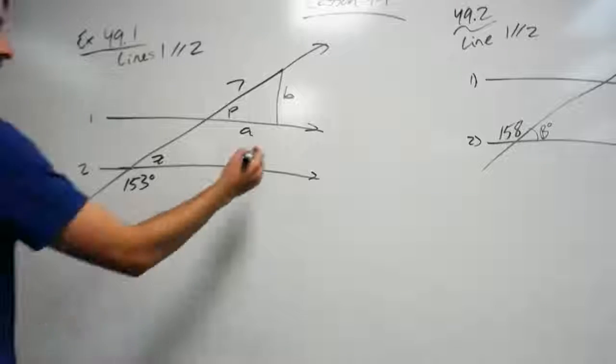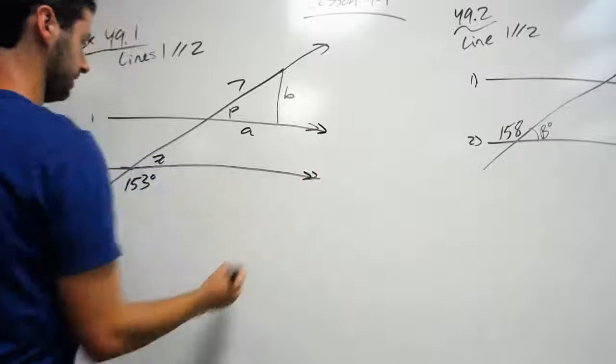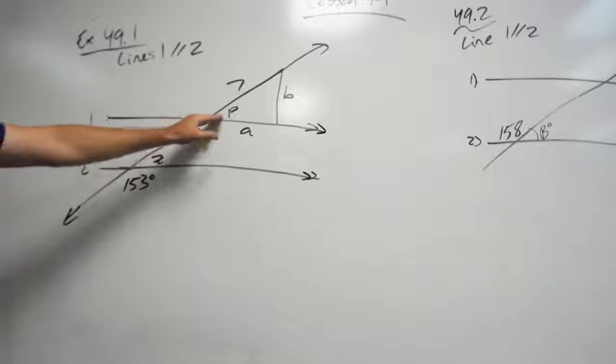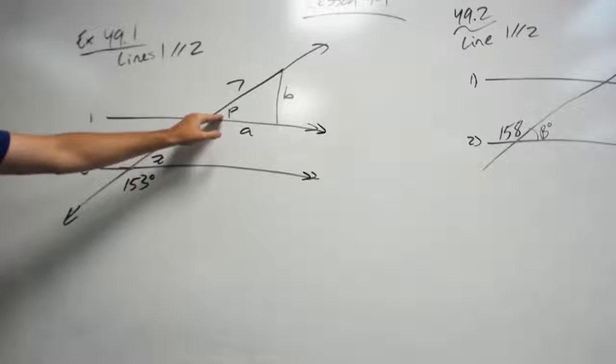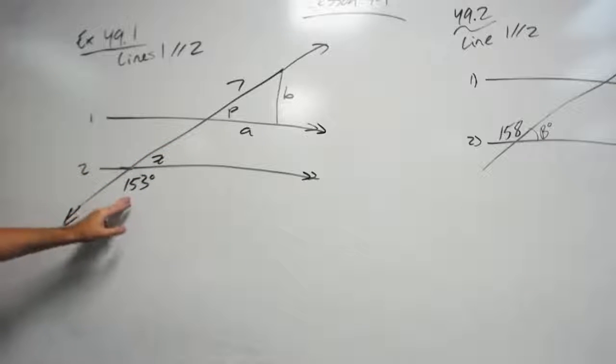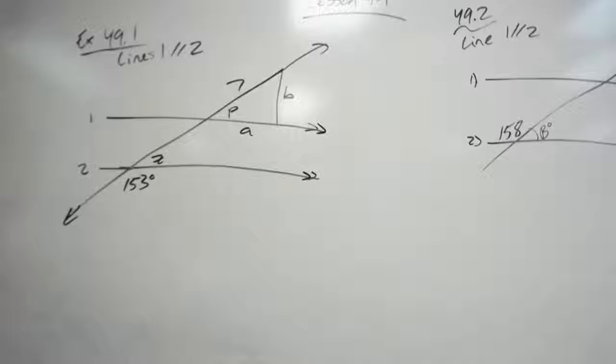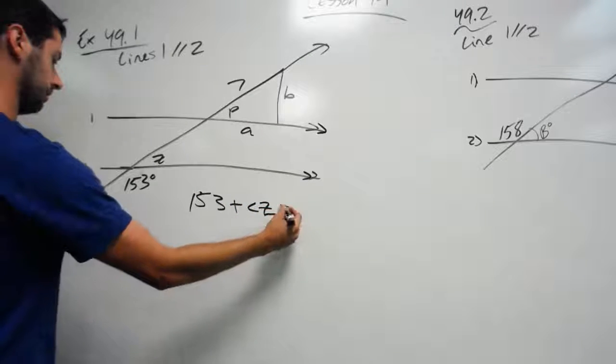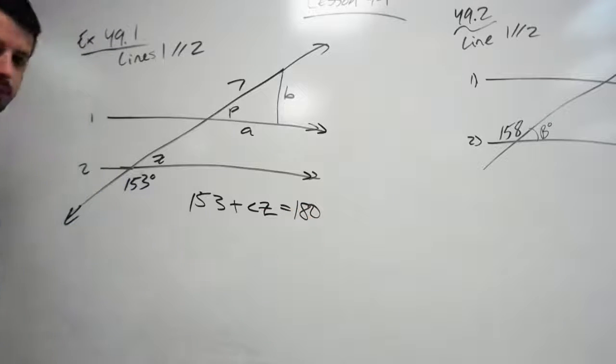Well, that means we have small angles, Z and P would be examples of small angles, and we have big angles, 153 is given to us. The small and big angles are always supplementary. So we know 153 plus angle Z equals 180.